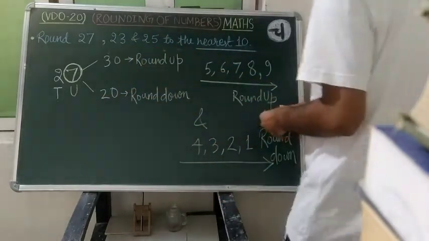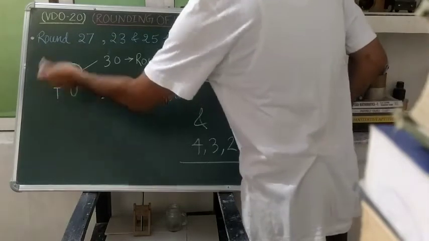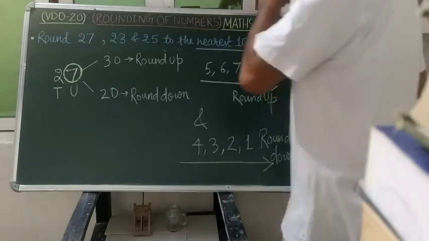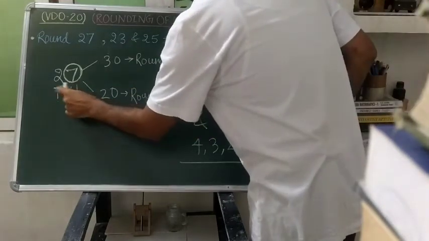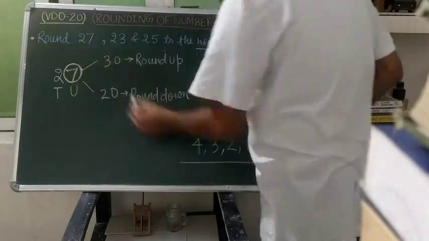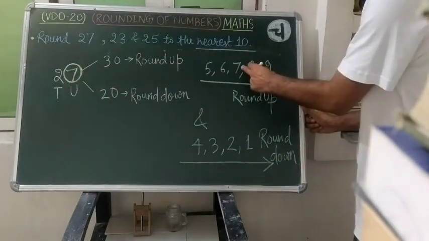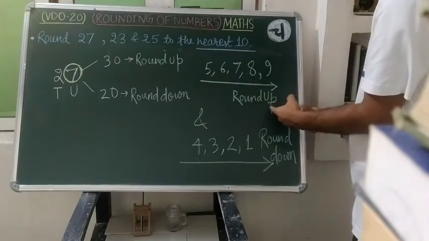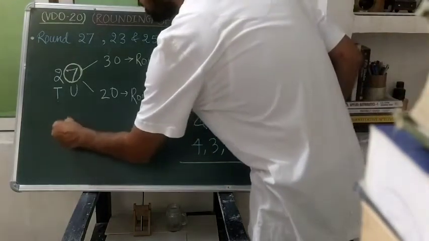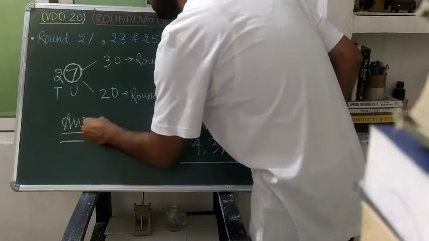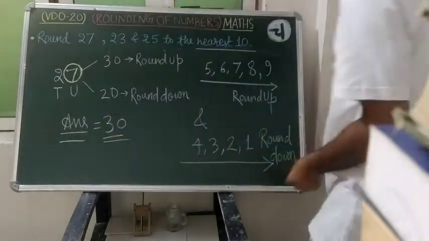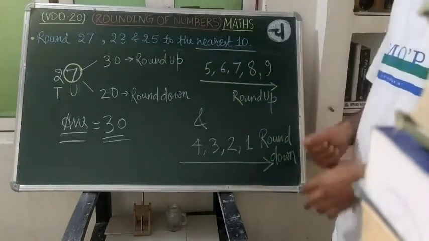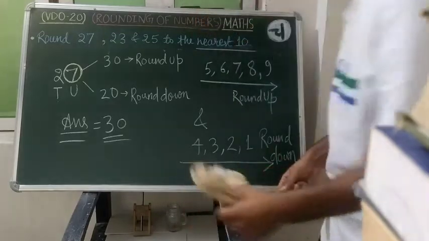We select the digit one place to the right of the tens digit, which is 7. For 7 we will round up. So the answer will be 30.